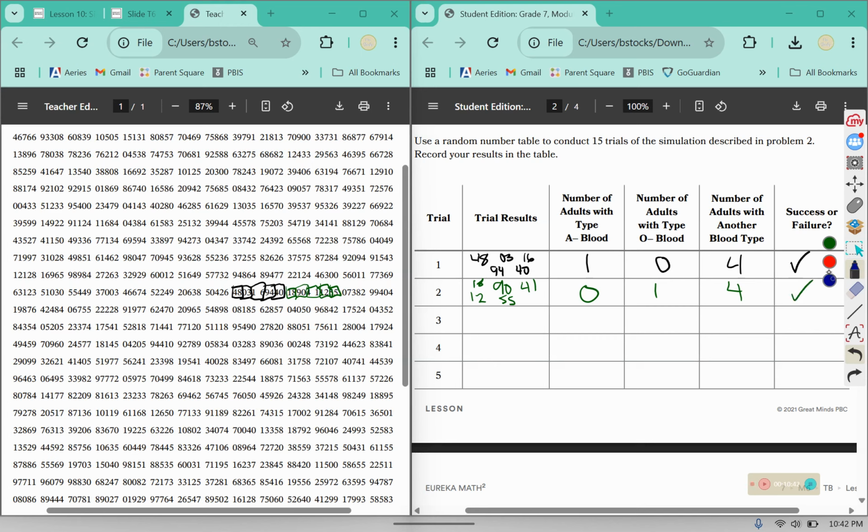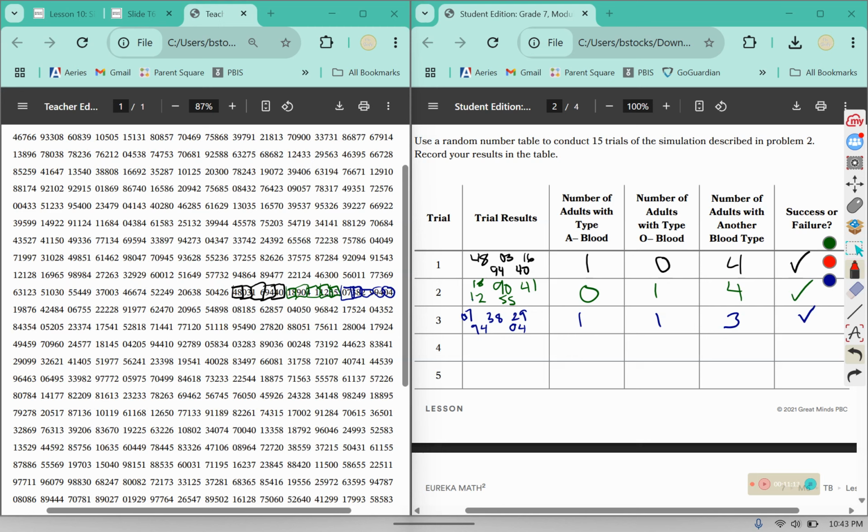That is a success. 7, 38, 29, 94, and 04. So we had 1 from 0 to 6, 1 from 7 to 13, and 3 others, so that is also a success.